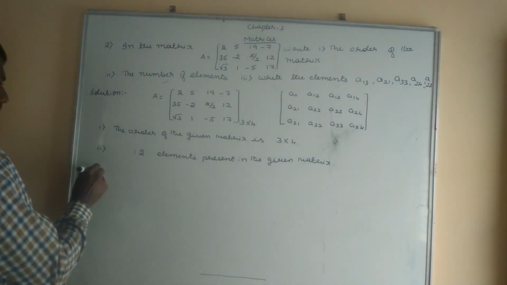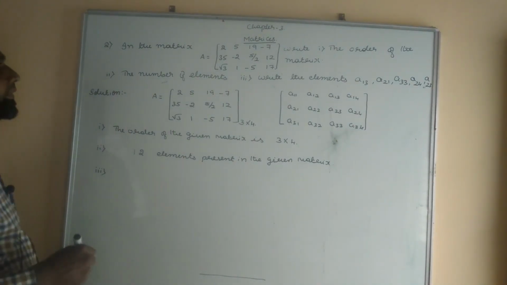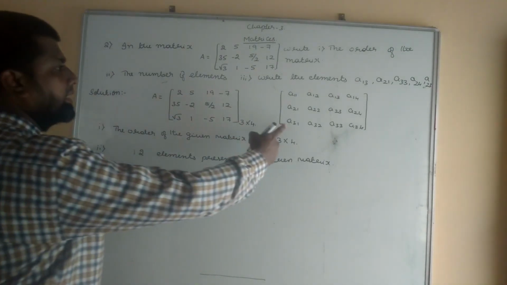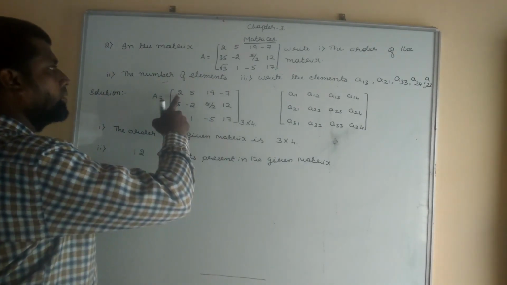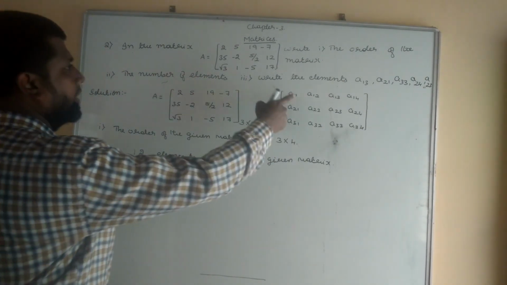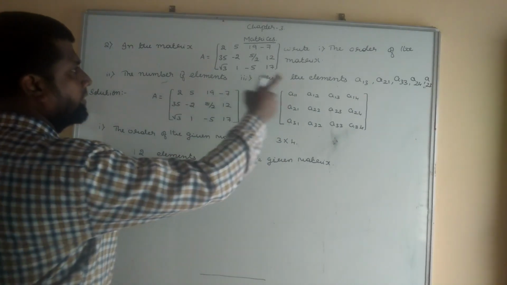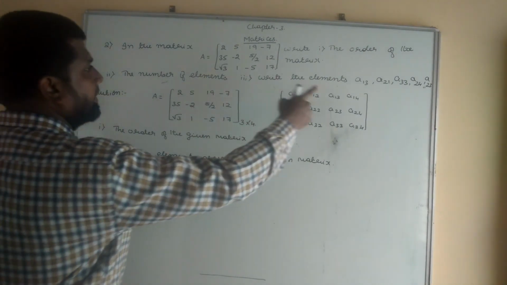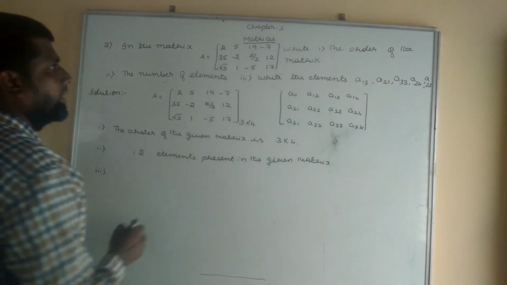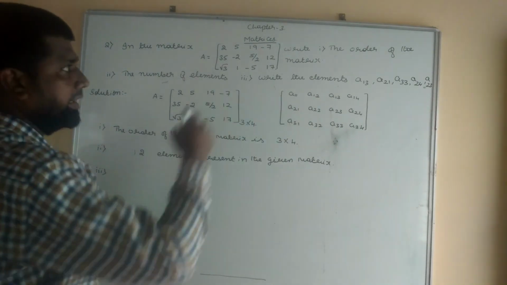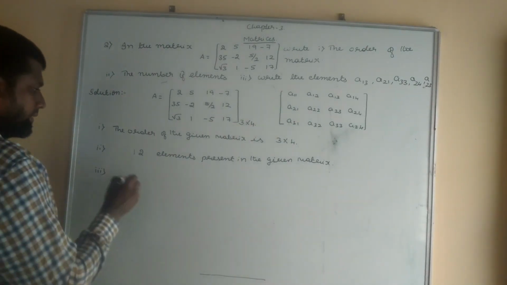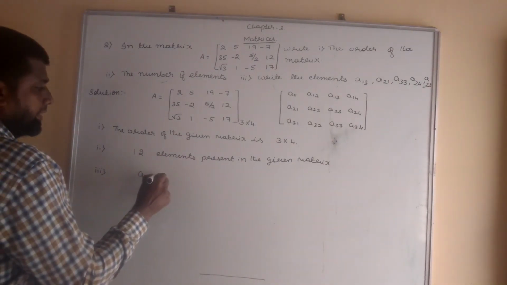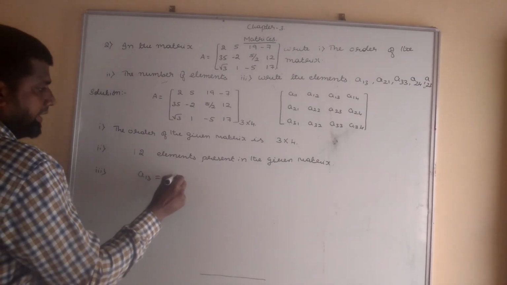The last one, the third one, write the elements. So compare the general matrix and the given matrix. 2 corresponds to A11, then 5 corresponds to A12. 19 is in the place of A13. So the A13 element is 19.